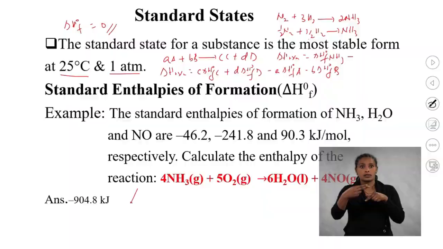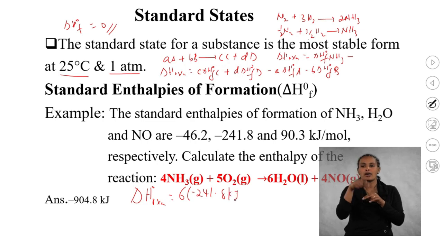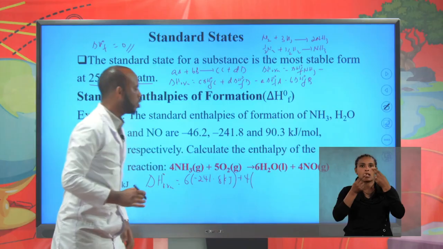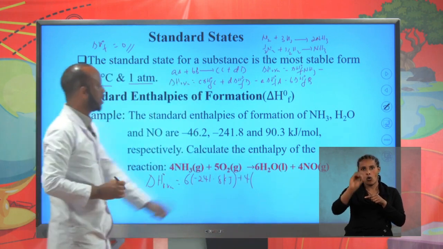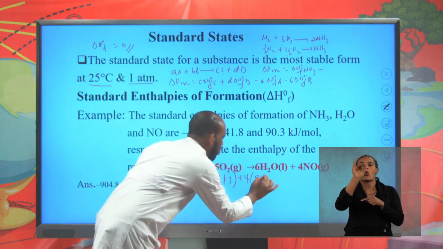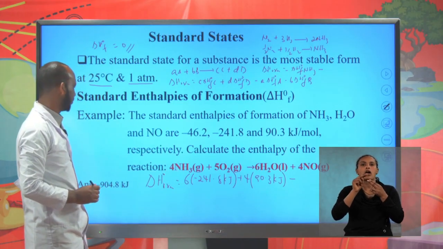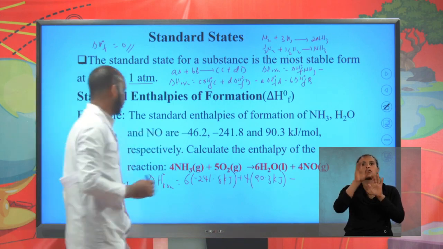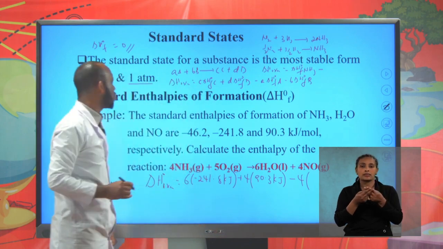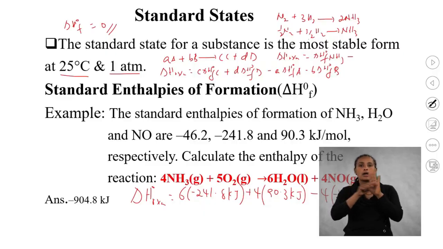Delta H naught of the reaction equals 6 times delta H naught formation of water, which is minus 241.8 kilojoule per mole, plus 4 times delta H naught formation of nitrogen monoxide, which is 90.3 kilojoule, minus 4 times delta H naught formation of ammonia, which is minus 46.2 kilojoule.